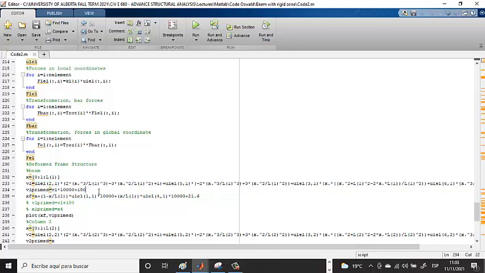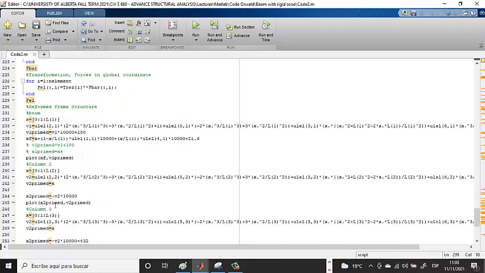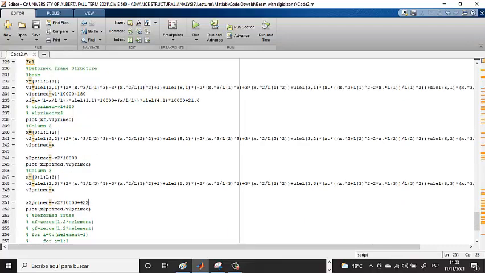And to draw in MATLAB, we will use the rotational and translational coordinate system to draw using the same frame of coordinate system. This is, for example, for the beam, and as well for column 2 and column 3. And after that, we just need to plot.